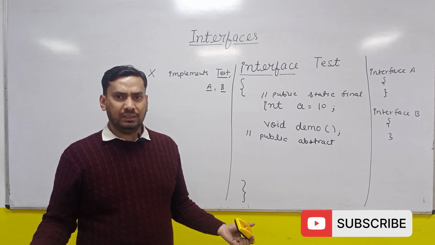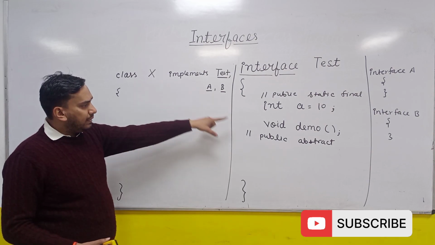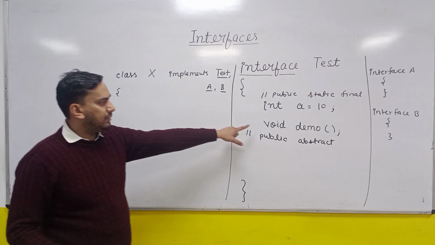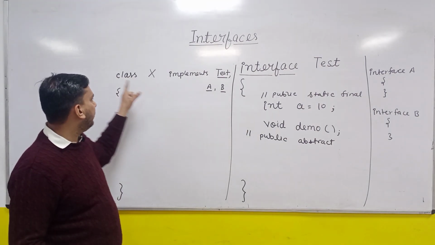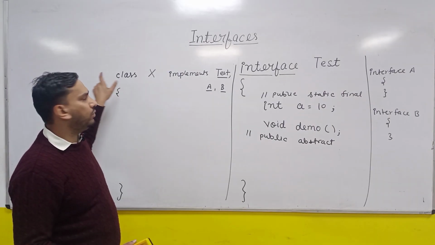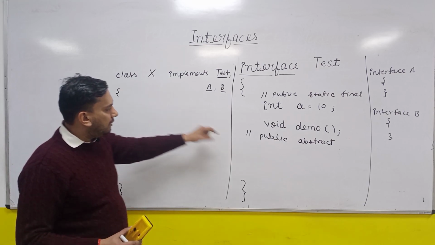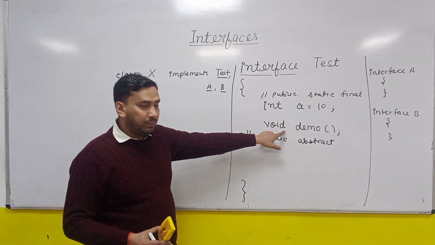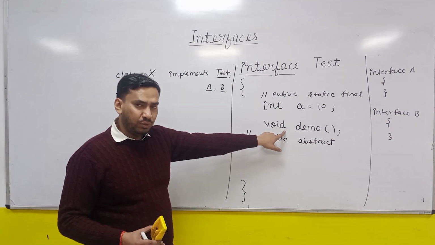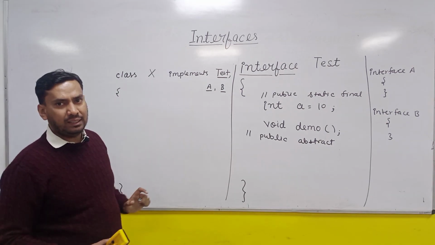Only two options are there, right? So if you want to override that method here, this demo method, you can do that and your class will become non-abstract. Although after implementing you want to make it abstract, that is allowed, right? But if you don't want to override it, no issues, but in that case it will be mandatory to declare this class abstract.